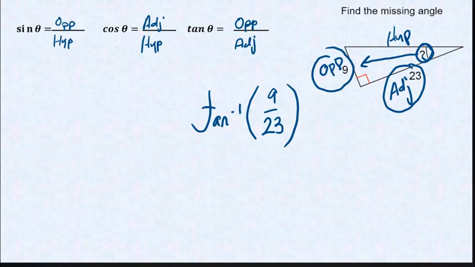If you have a TI-36X Pro or a TI calculator like the one I have, oftentimes you just press the tangent button twice and that inverse sign comes up. Sometimes it requires shift or the second button.